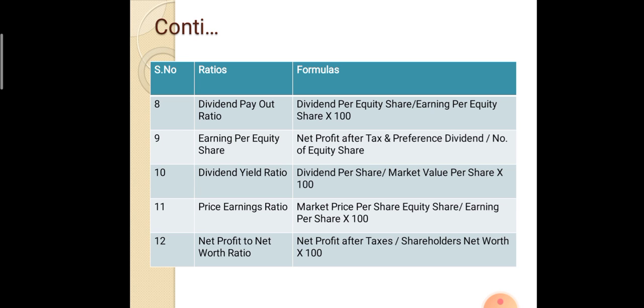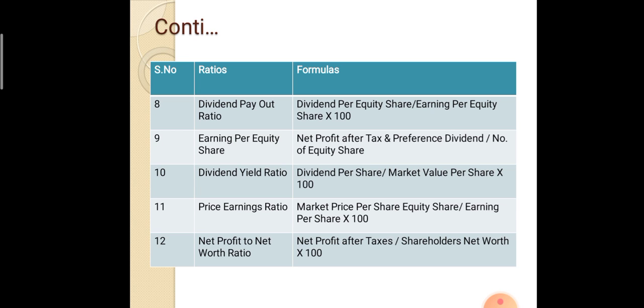Now dividend yield ratio. Dividend yield ratio is nothing but dividend per share divided by earning per share. Now, dividend per share divided by market price of share also we can say.